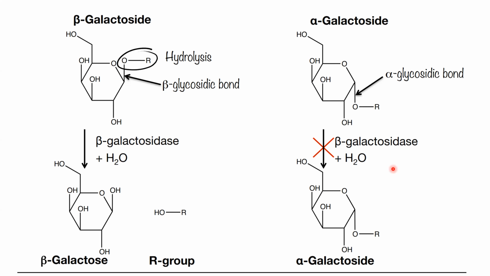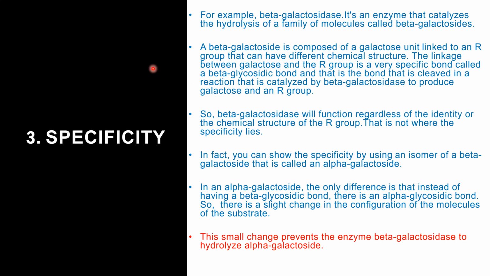The reason is that beta galactosidase, as the name states, is very specific for this beta glycosidic bond, and it can carry out hydrolysis if the glycosidic bond is in a beta position, no matter what the R group is. So this small change prevents the enzyme beta galactosidase from hydrolyzing alpha galactoside.